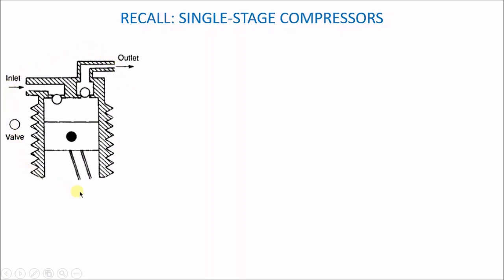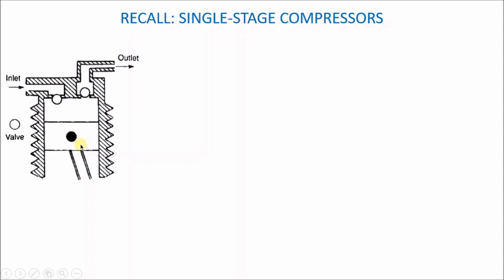Those are compressors that have a design where you have something that is moving back and forth. In this case, it's a cylinder, and inside of the cylinder you have a piston that is moving up and down or back and forth depending on how you look at it. And so a compressor of this nature is referred to as a reciprocating compressor.